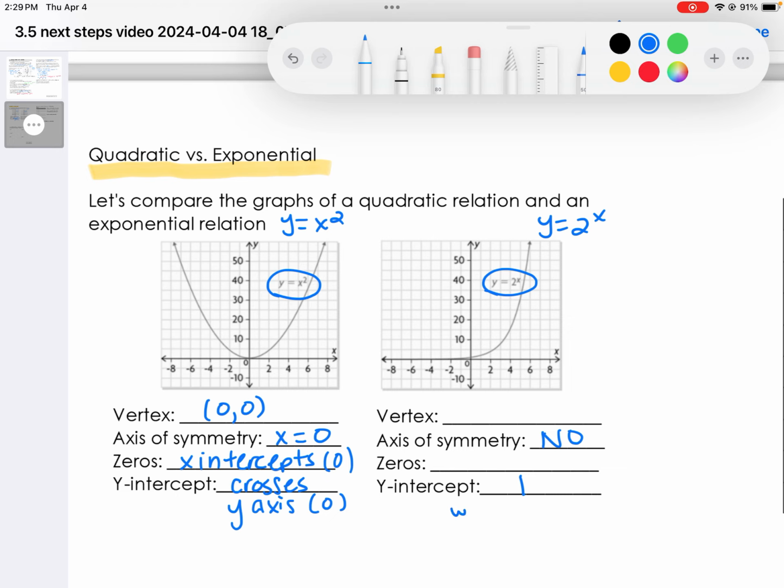So when x equals 0, y will be 1. Okay, that is actually a rule, an exponential rule. Good to remember for the rest of your mathematical lives. And there is no vertex, and there is no x-intercepts.